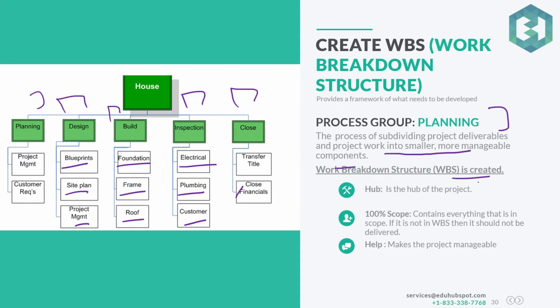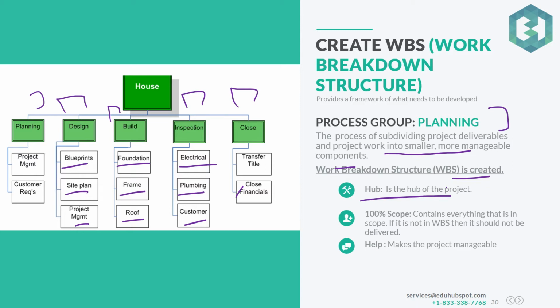Let's see what all things are there in WBS. This is known as the hub of the project. When I say hub, it means a combination, everything included. So if it is in the WBS, it's part of the project. If it's not in the WBS, it's not part of the project.